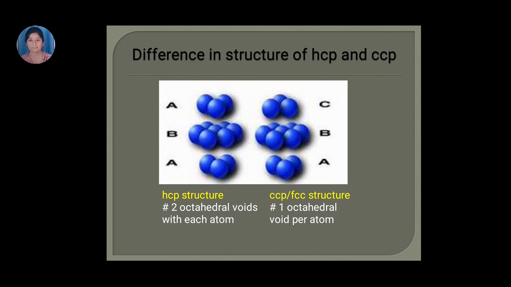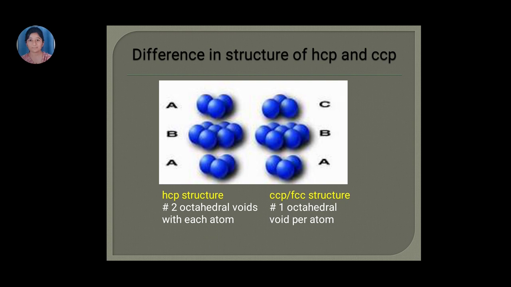And if we see in the HCP structure, there are 2 octahedral voids with each atom. If we consider that the atoms are arranged in this way, and try to find out how many voids each atom has, in HCP there are 2 octahedral voids, of course, as they are hexagonal arrangements, they are going to have octahedral voids, as we have seen.